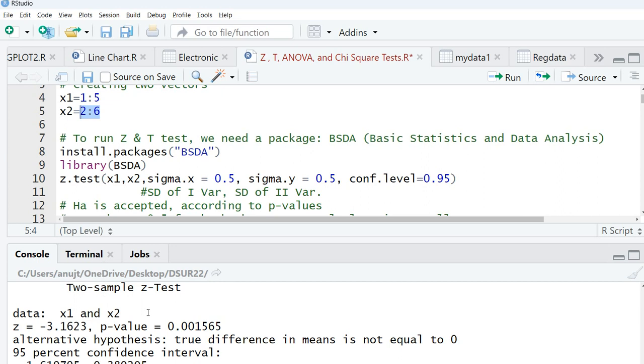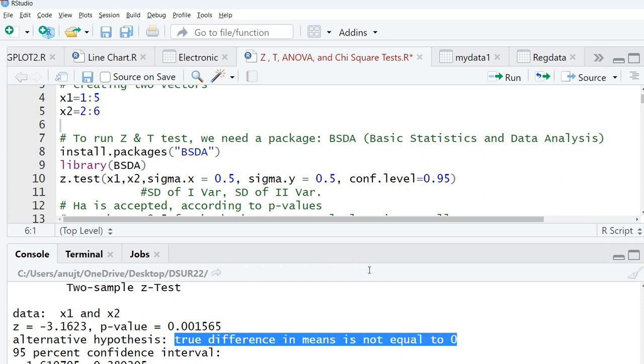Okay, but here when we apply Z test or T test, we compare the means, but not mathematically, it is statistically. We want to check whether these two samples are from the same population or not. Okay, so this alternative hypothesis is saying that true difference in means is not equals to 0, means they are not from the same population.